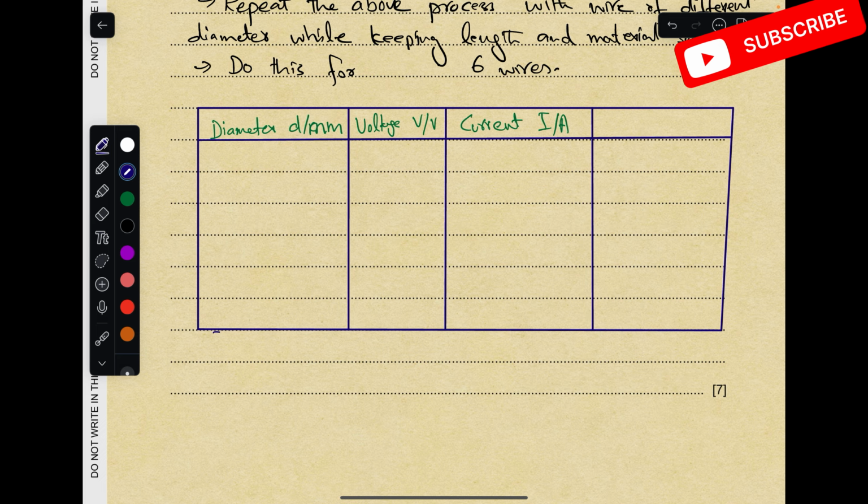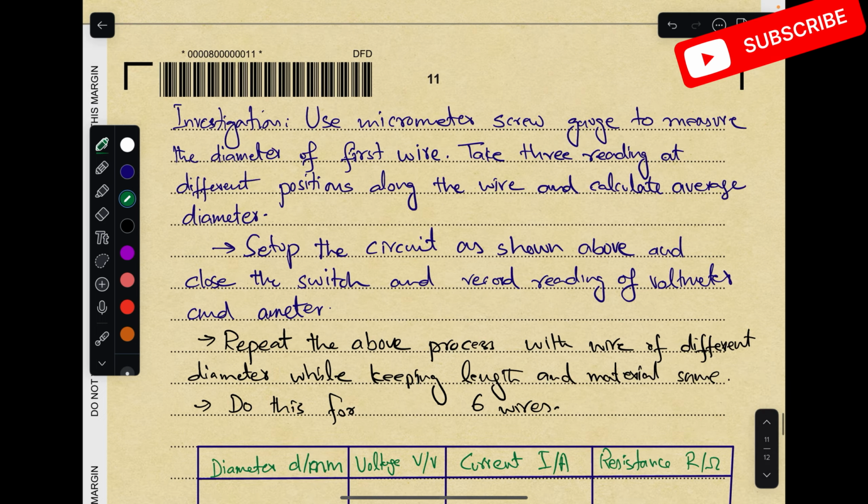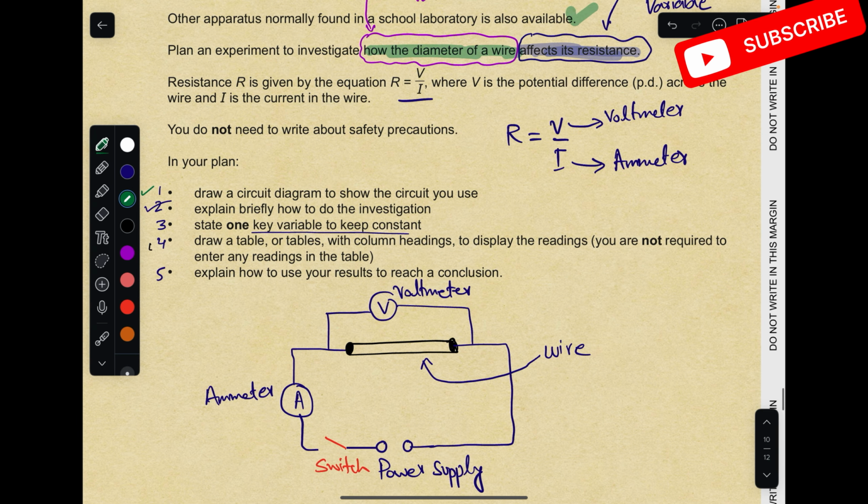Then you will get the marks. And last, you have measured the resistance. Symbol is R, units are ohms. So there you got the mark for the table. The last thing they're asking, the fifth. We're done with third and fourth. Fifth, explain how to use your results to reach the conclusion.